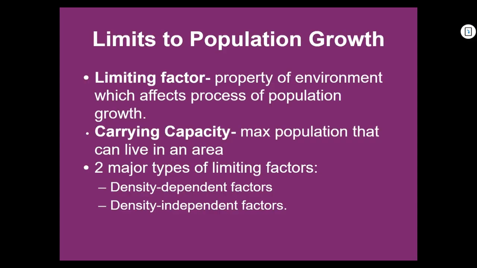So there are limits to population growth, right? Some things will grow really quickly, but eventually there's got to be some limits, right? The limiting factor is a property of an environment which affects the process of population growth. All that means, y'all, is like, for example, food, right? It's like I was saying with the deer.